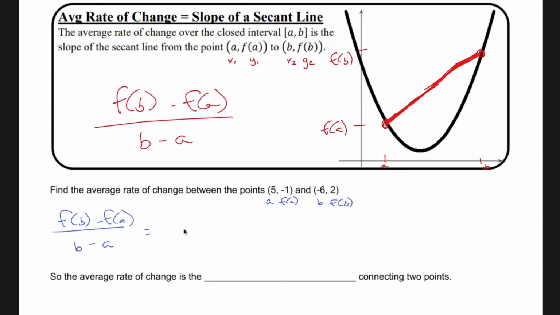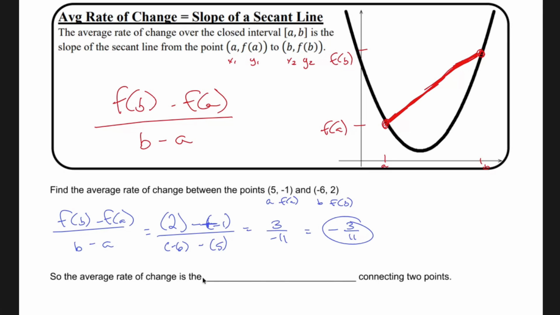I called f of b 2, minus I called f of a -1, over b, which I called -6, minus a, which I called 5. So we got ourselves a double negative, so I got 2 plus 1, which is 3. -6 minus regular old 5 is going to be -11, so this becomes -3 over 11. So my average rate of change between these 2 points is the slope connecting those 2 points, which is -3 over 11.